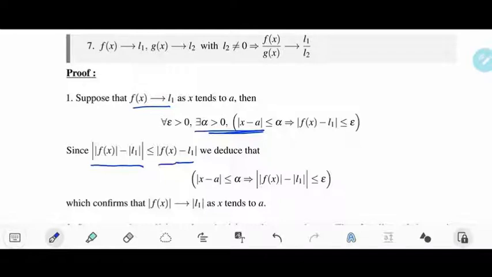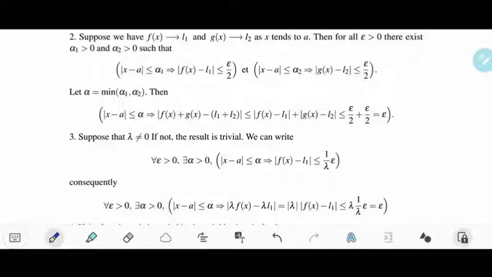So since we have this, then ||f of x| minus |L1|| is of course less than epsilon for all x that belongs to the neighborhood already found around a, which confirms that if x satisfies |x minus a| less than alpha, so for the same alpha that we already found, then |f of x minus L1| is less than epsilon, which leads to the fact that the absolute value of f of x tends to the absolute value of L1 as x tends to a.